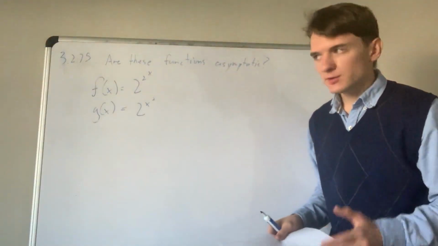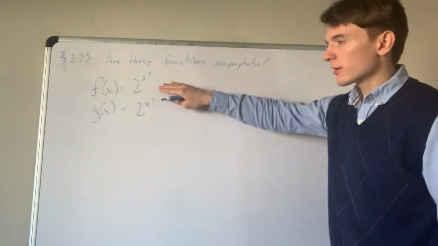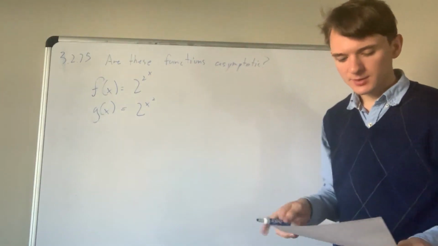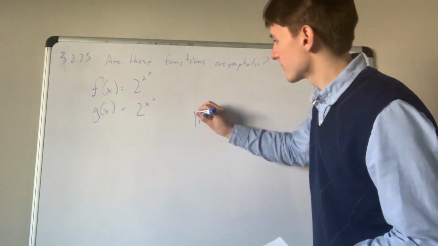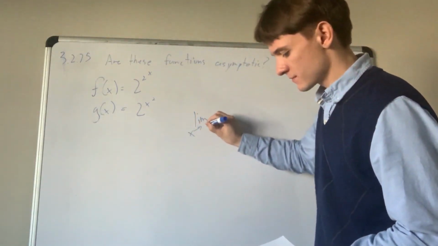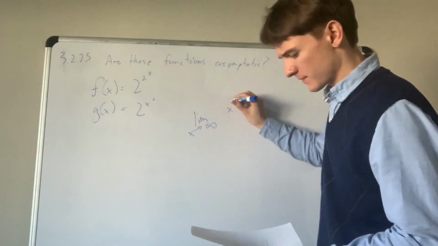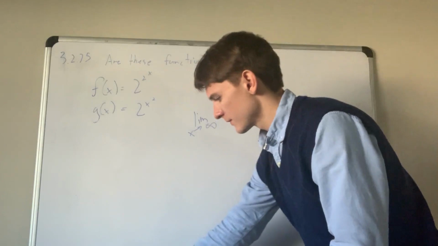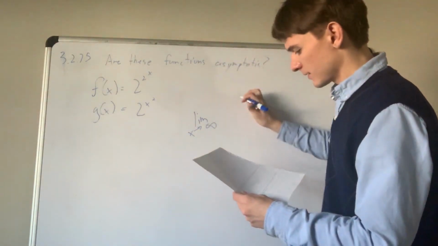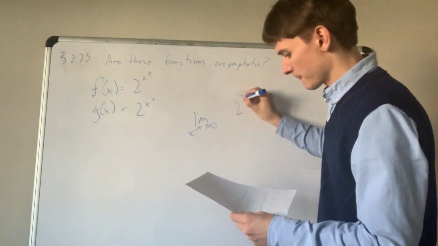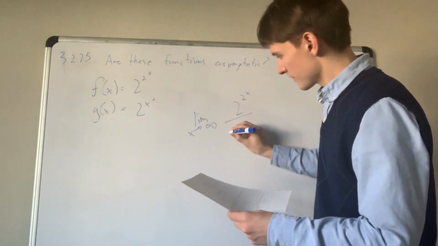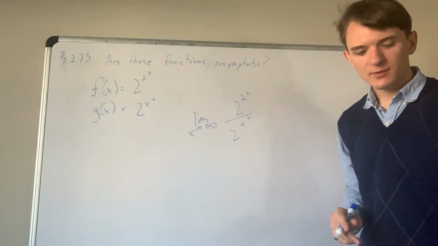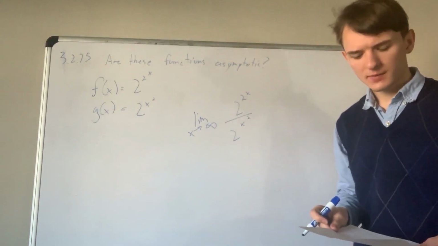Okay, we have another two functions, 2 to the power of x and 2 to the power of x squared. So let's set up our limit. Okay, so we have a limit here. Where do we go from here?